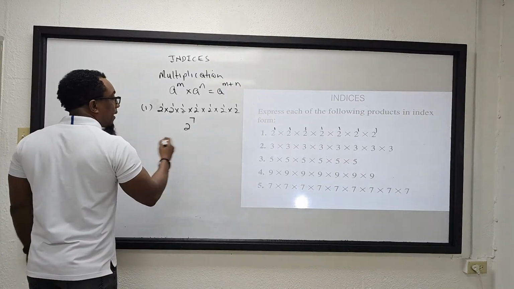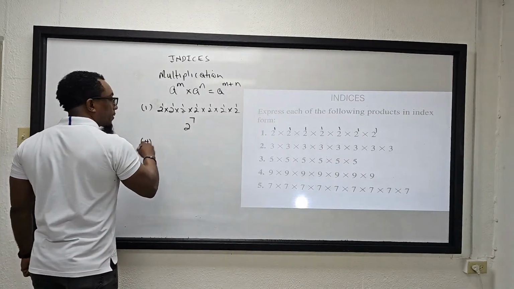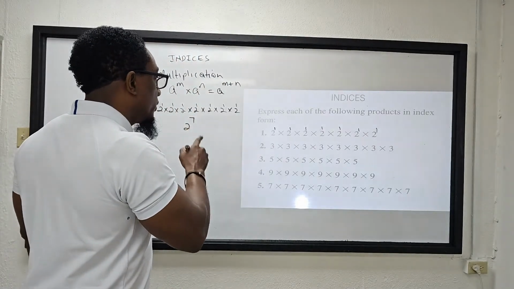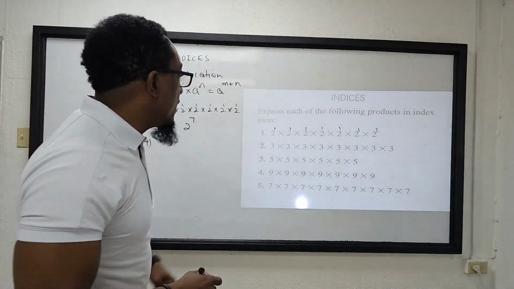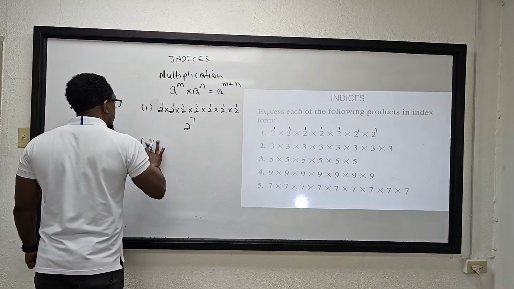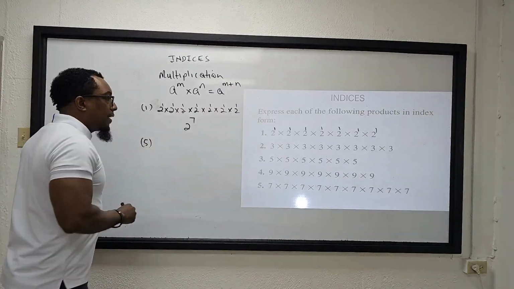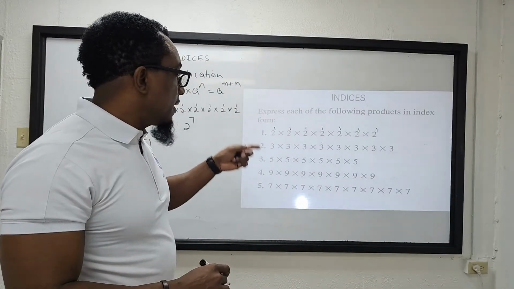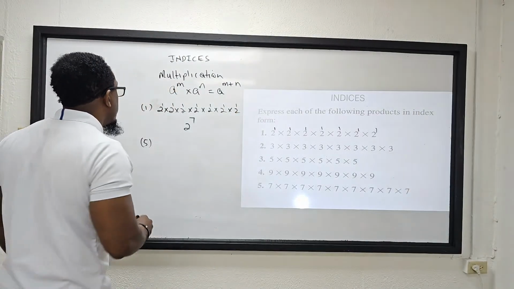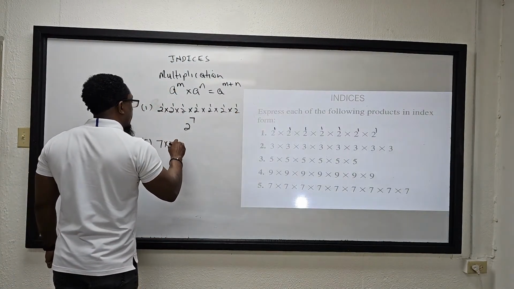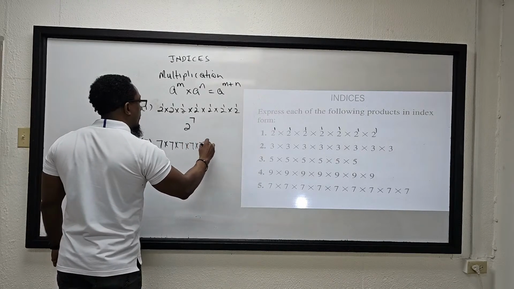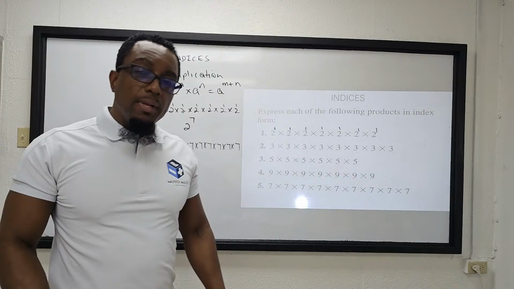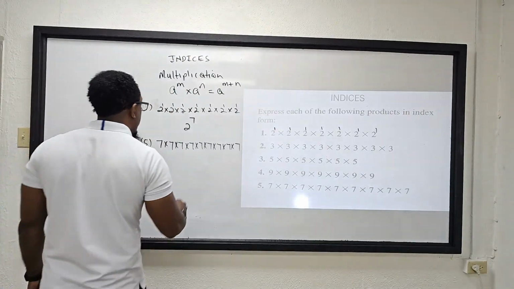Let's do 4. This will be 9. How many 9s? 1, 2, 3, 4, 5. But 7, let me go with the last. Let's do 5. How many 7s? 1, 2, 3, 4, 5, 6, 7, 8, 9. So you know that this will be, we have the same base, we multiply, we maintain that base.